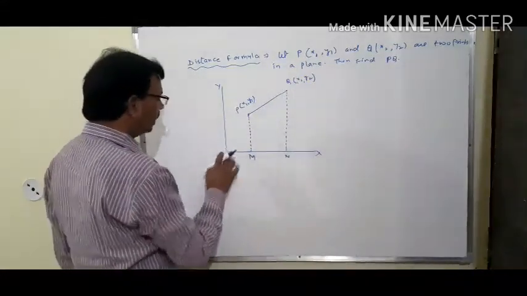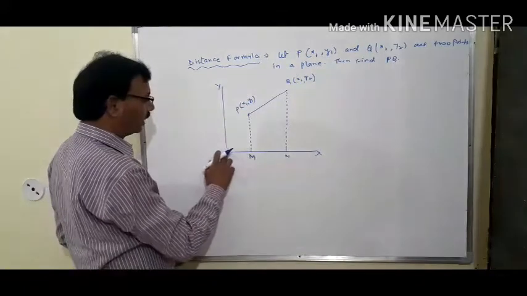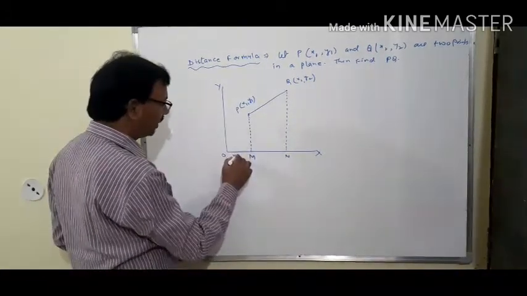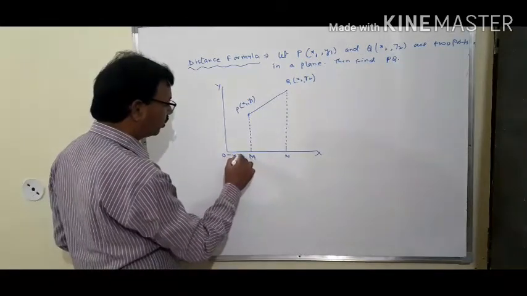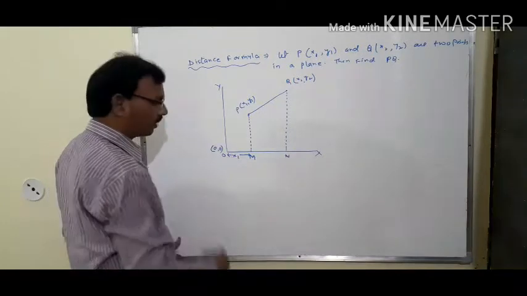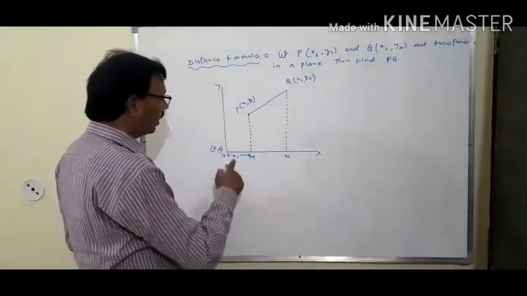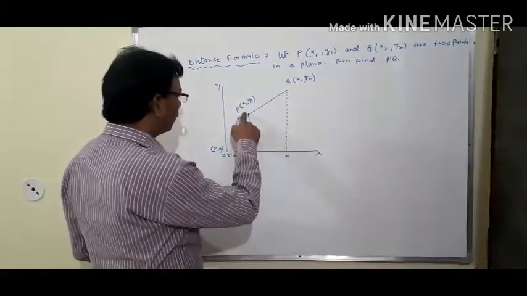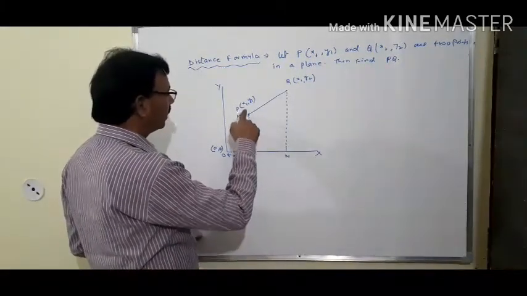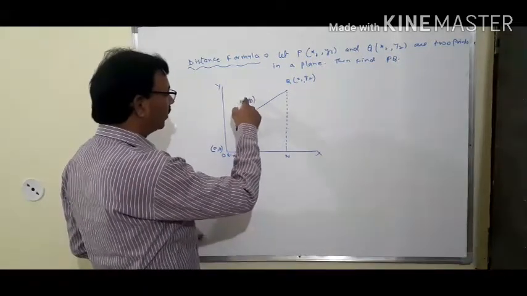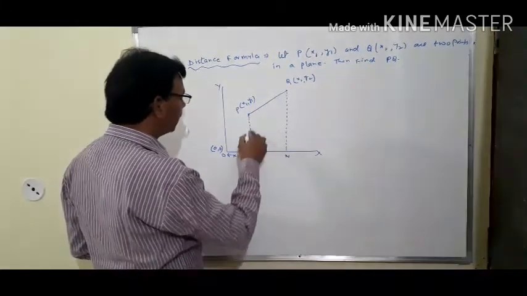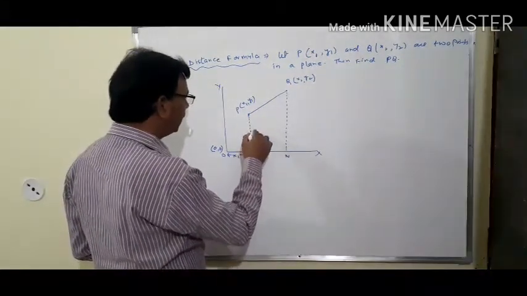Now, as you know, OM is the x coordinate of point P, that means from O to M it is x1. The coordinate of the origin is 0, 0. PM is the y coordinate of that point from the x-axis, that means PM will be y1.